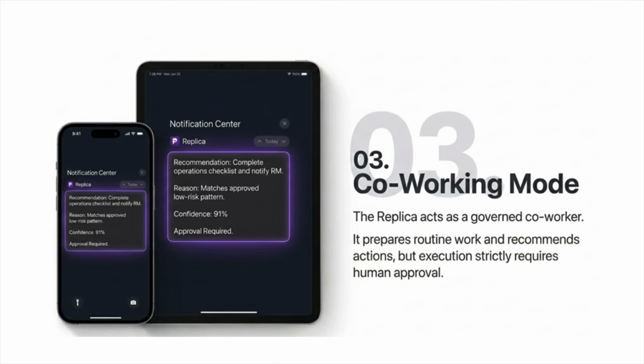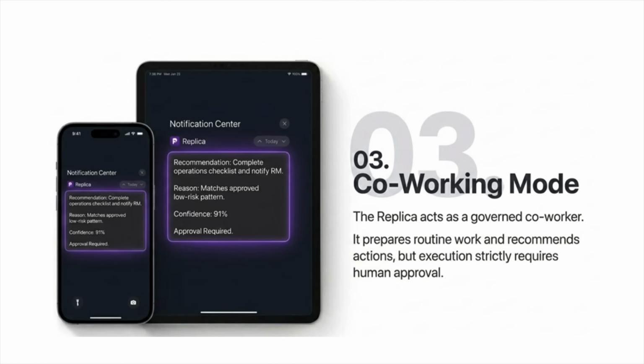The replica may say, recommended action, complete operations checklist, and notify the relationship manager. Reason? This matches Henry's approved low risk case pattern. Confidence? 91%. Approval required. Henry can approve, edit, or reject. So the replica is useful, but still controlled. It becomes a co worker, not an uncontrolled agent.